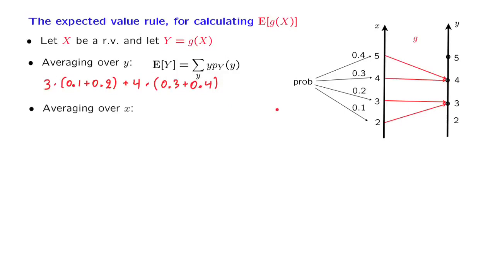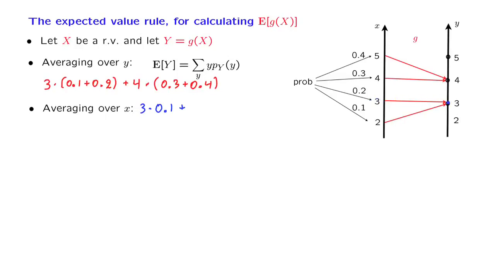And this corresponds to the following type of thinking. 10% of the time x is going to be equal to 2. And when that happens, y takes on a value of 3. So this should give us a contribution to the average value of y, which is 3 times 0.1. Then, 20% of the time, x is 3 and y is also 3.